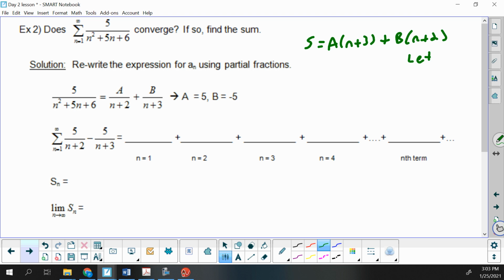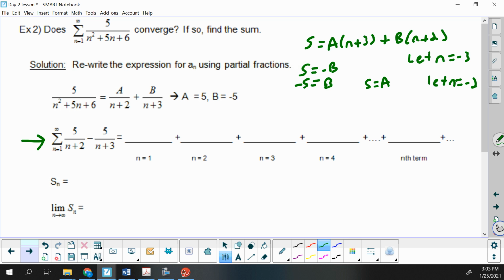If we let n equal negative 3, we would have 5 equals negative B, so B is negative 5. If we let n equal negative 2, we would have 5 equals A. So that's where they're getting the A is 5 and B is negative 5. That then splits it into the two separate fractions.